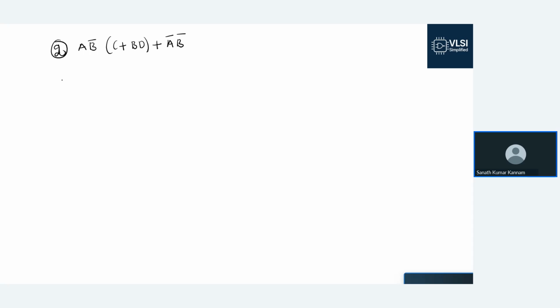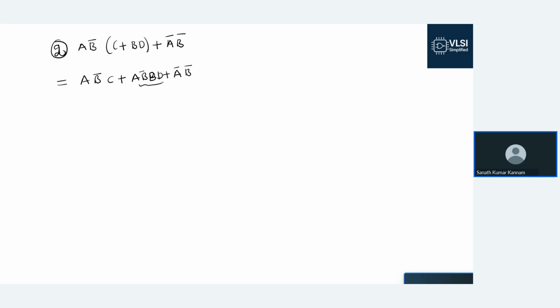First, what I can do is multiply. So this is AB bar C or ABD or A bar B bar. AB bar and this one is BD.